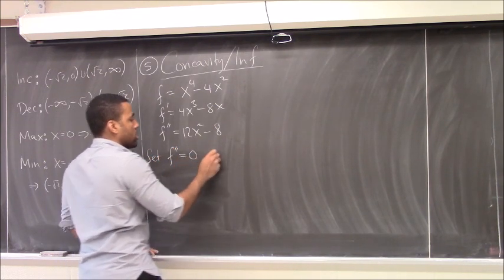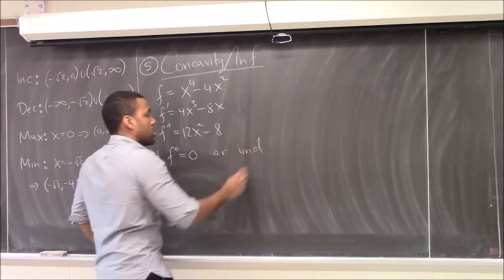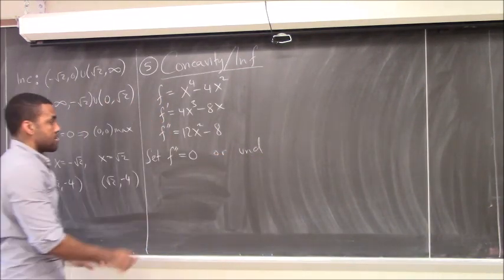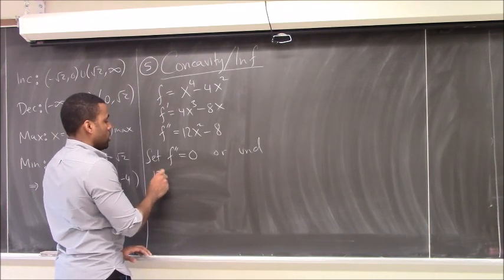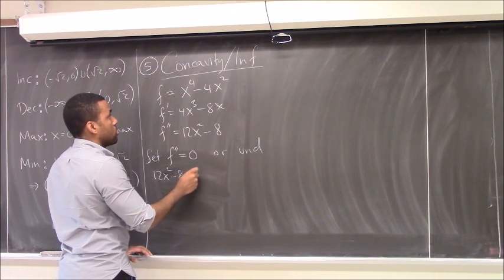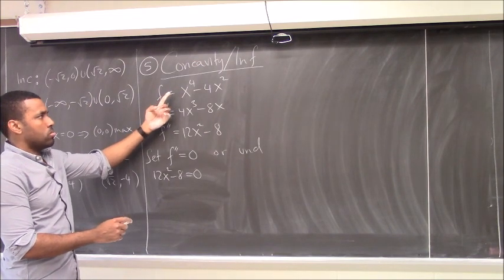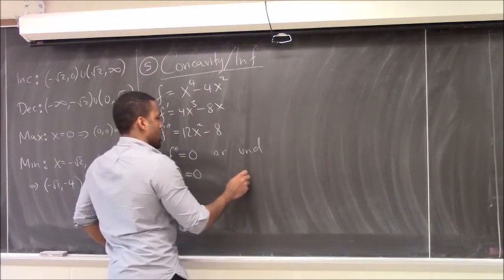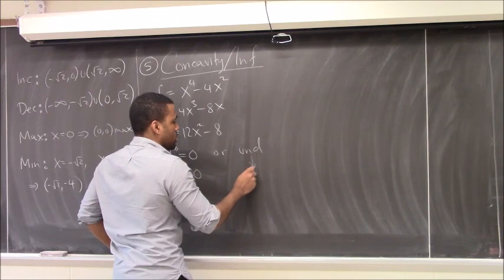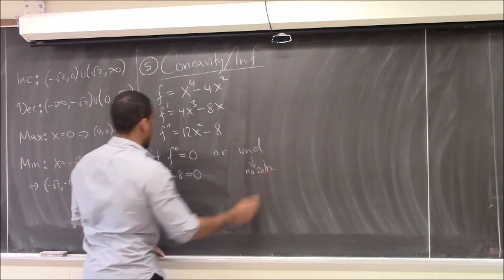I set the second derivative equal to 0 or undefined because I want to find the points I want to test. 12x squared minus 8 equals 0. And it's always defined, so there's no switch for the undefined case.